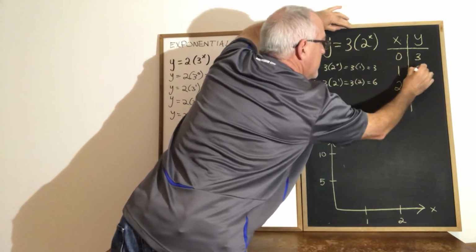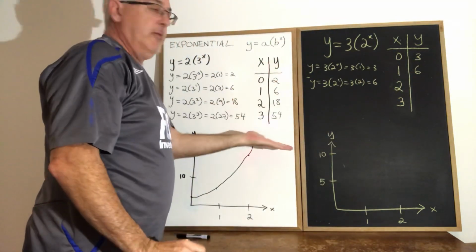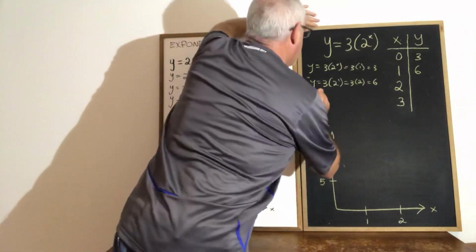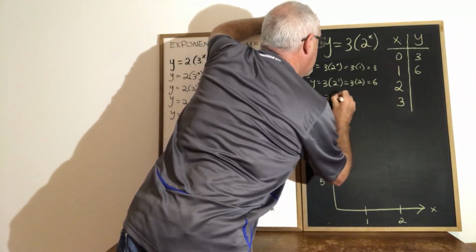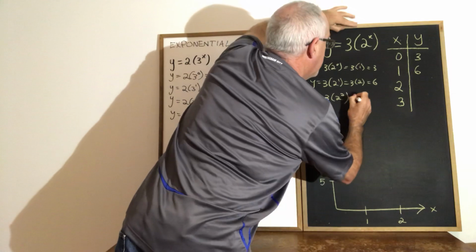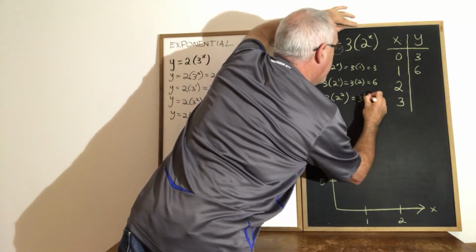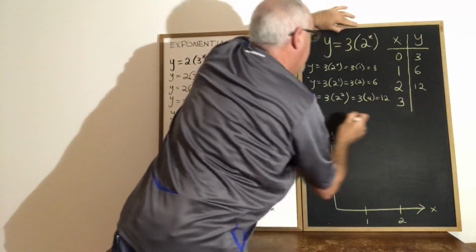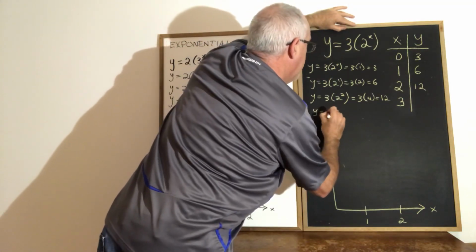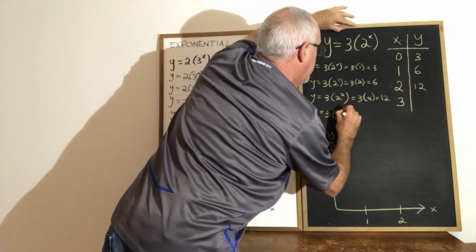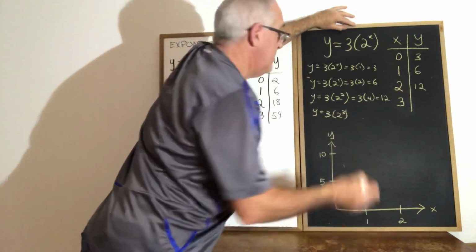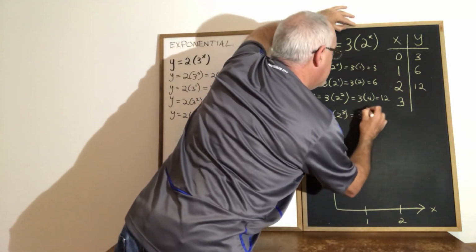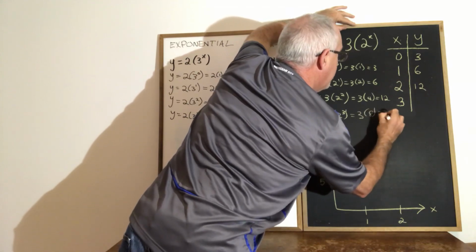Well, that's kind of interesting that we got the 6 in both of these. If x is 2, y is equal to 3 times 2 squared, which is 3 times 4, which is 12. And if x is 3, y is equal to 3 times 2 to the 3. 2 to the 3 is 8. So it's equal to 3 times 8, which is 24.